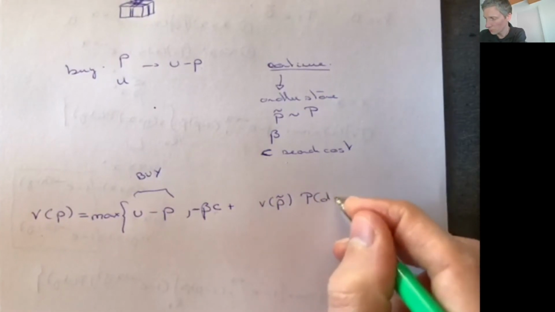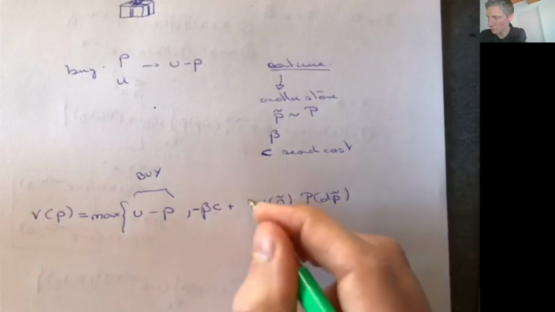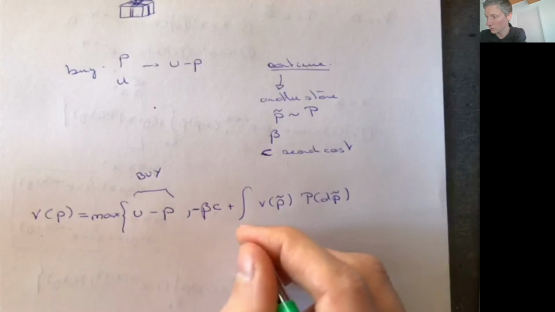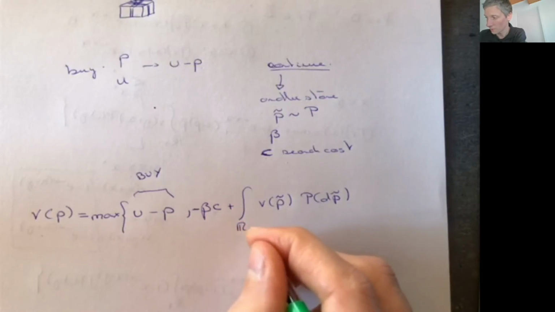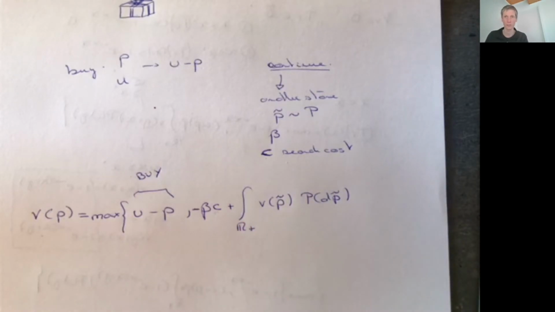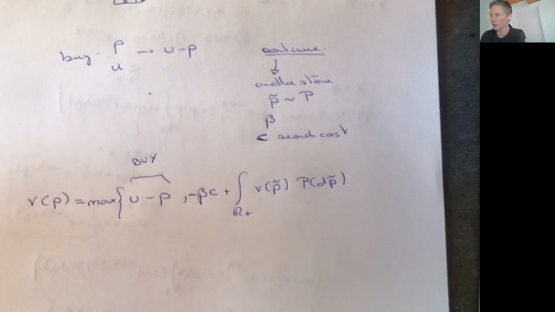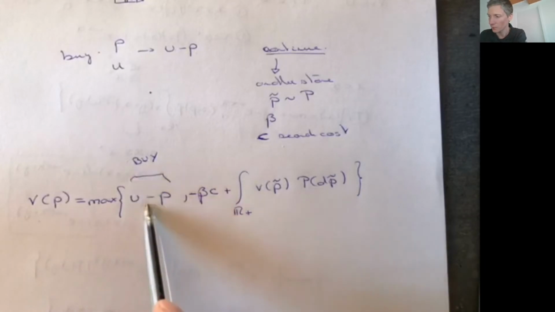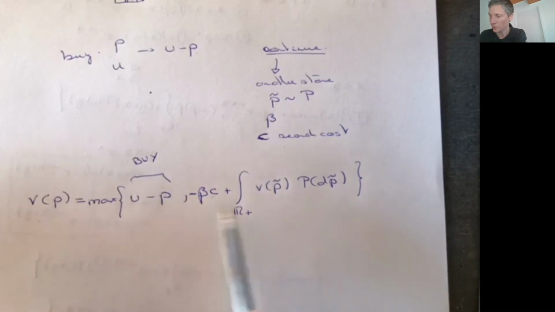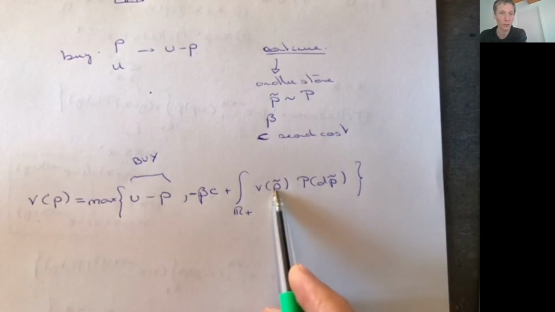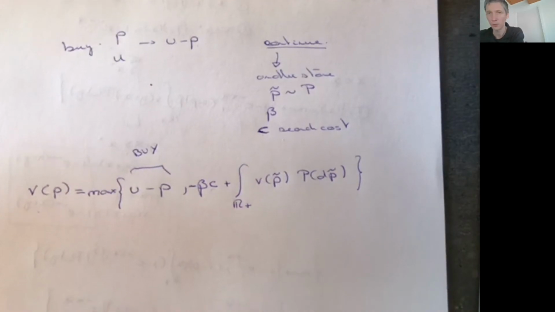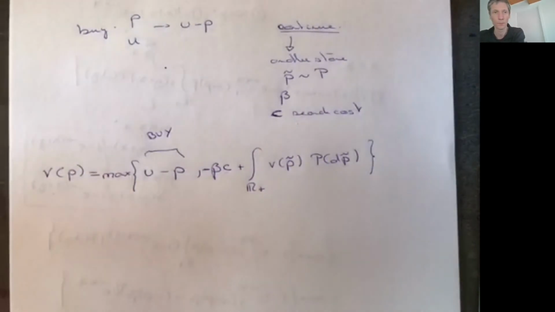So I'm going to have to integrate over P tilde, which can have a range, let's say R plus, since prices cannot be below 0. So this is my Bellman equation: I can either buy and pay the price that I face now, or I can continue shopping, and it might be a benefit in continuing because maybe I will see a lower price, so it's going to be cheaper to purchase the goods later on.